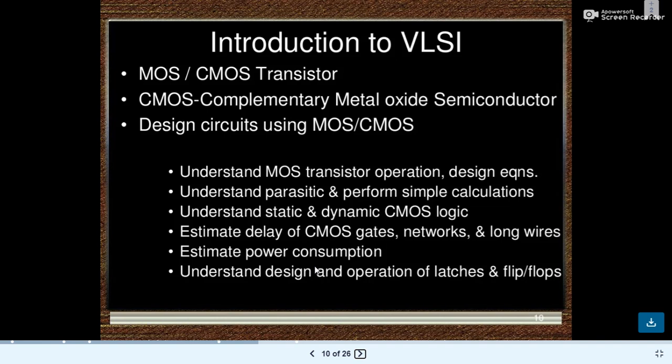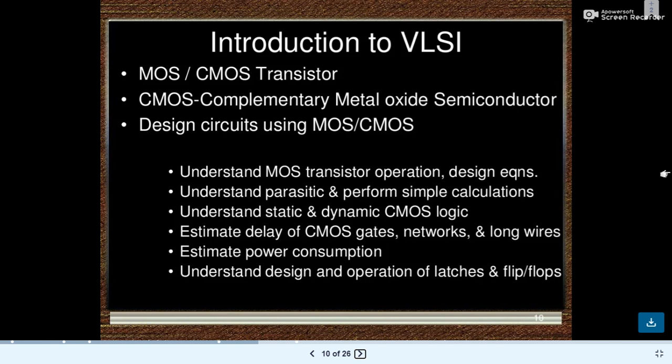I'm just giving you the highlight of the subject. There are MOS, metal oxide semiconductor, transistors, and CMOS, complementary metal oxide semiconductors. We design circuits using MOS and CMOS. In further lectures we will see in detail how the circuits and ICs are designed using MOS and CMOS.